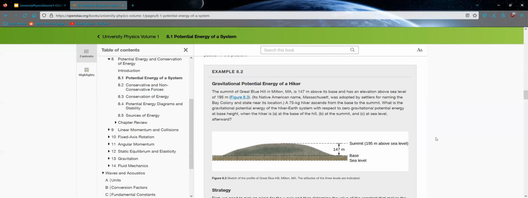A 75-kilogram hiker ascends from the base to the summit. What is the gravitational potential energy of the hiker-Earth system with respect to zero gravitational potential energy at the base height, where the hiker is A at the base, B at the summit, or C at sea level afterwards?